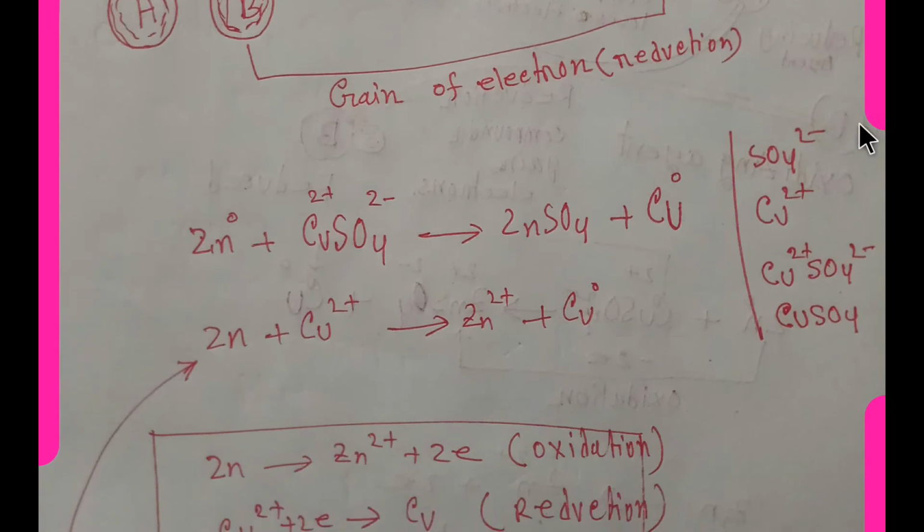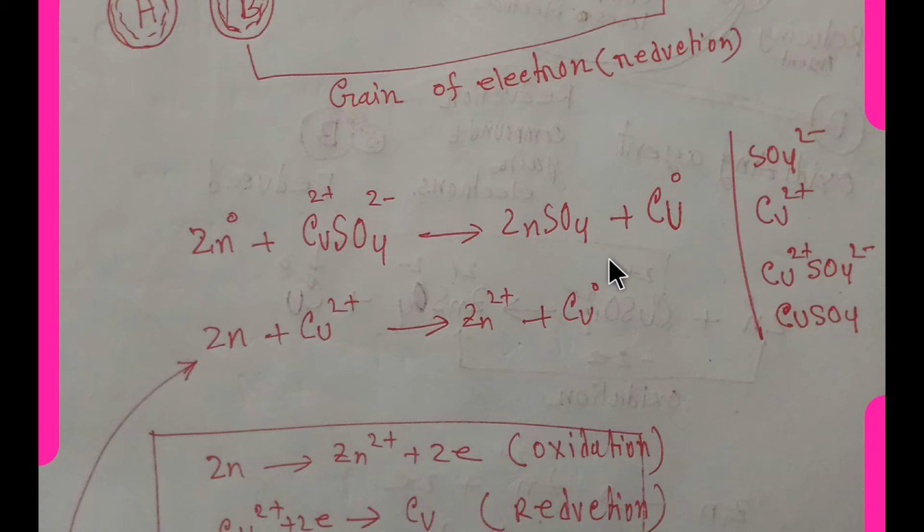Well, observe here, this is sulfate radical, right? The oxidation state of sulfate is -2 and the oxidation state of copper is 2 plus. If you take copper 2 plus and sulfate 2 minus, these 2 plus and 2 minus will vanish each other, so you will get this compound, right?